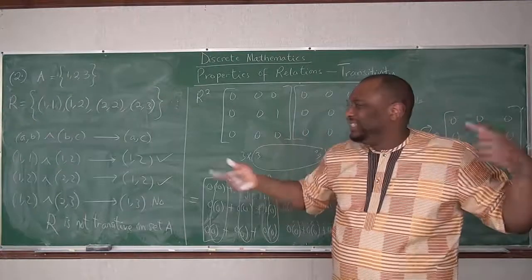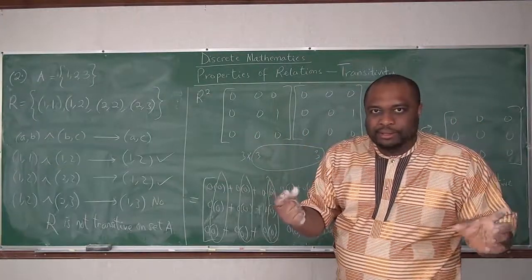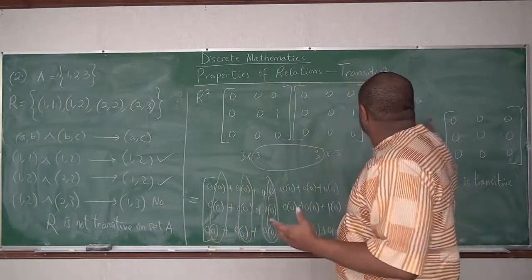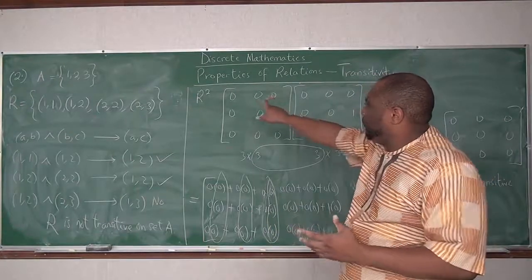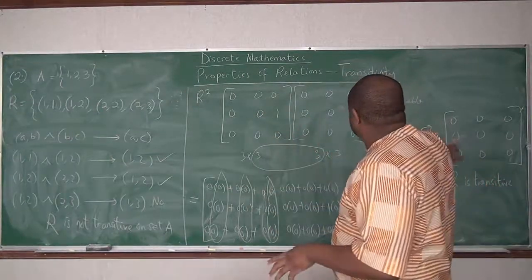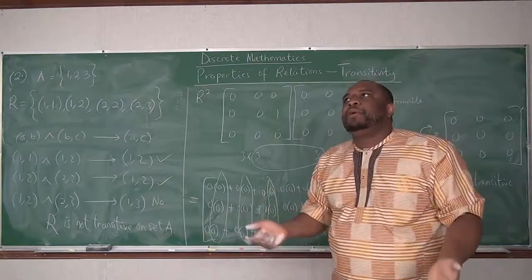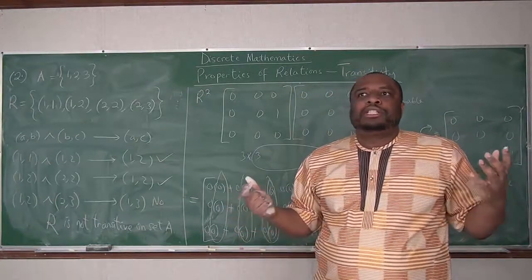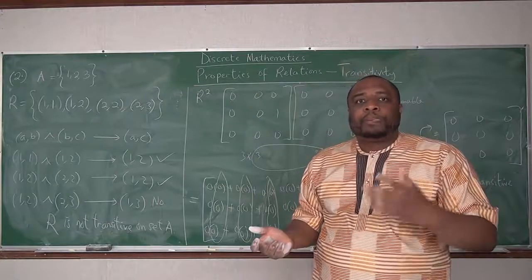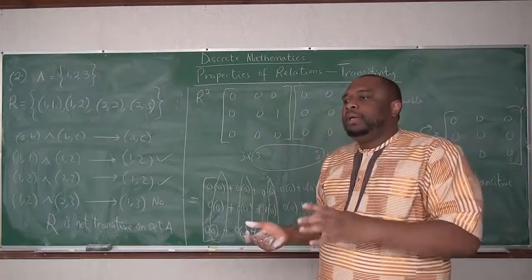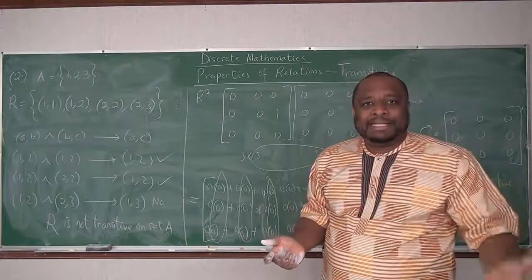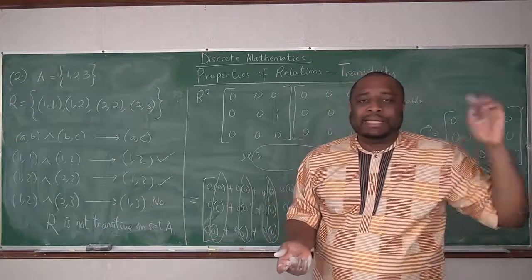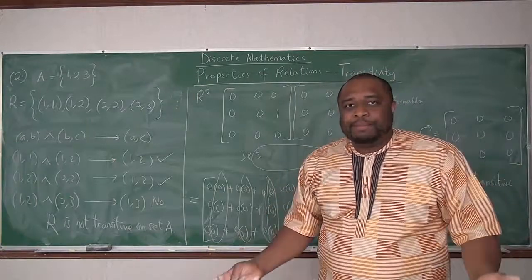This is a 3 by 3 matrix. You can inspect, or you just multiply, because I just want to show you how you find arrow squared. If your professor does not care about you showing your work, and if it turns out that the relation is a 6 by 6 matrix or 7 by 7 matrix, just use the calculator on my website, or use Excel, or Google Spreadsheet and multiply it.